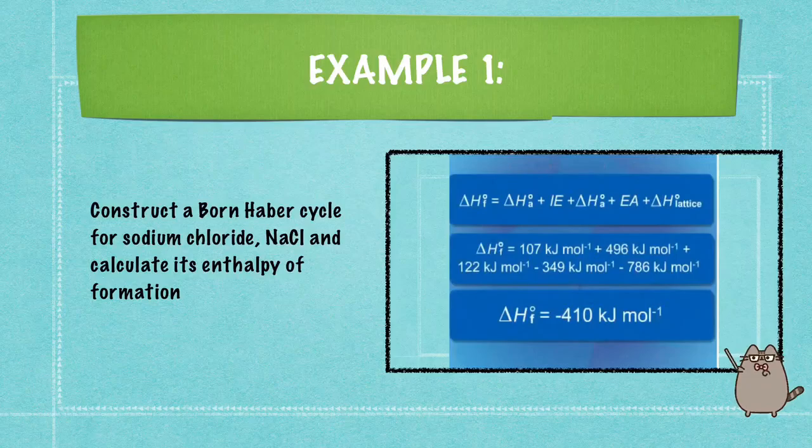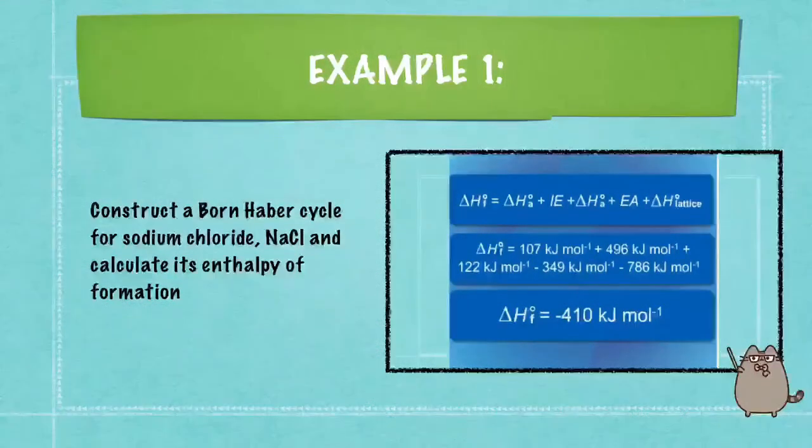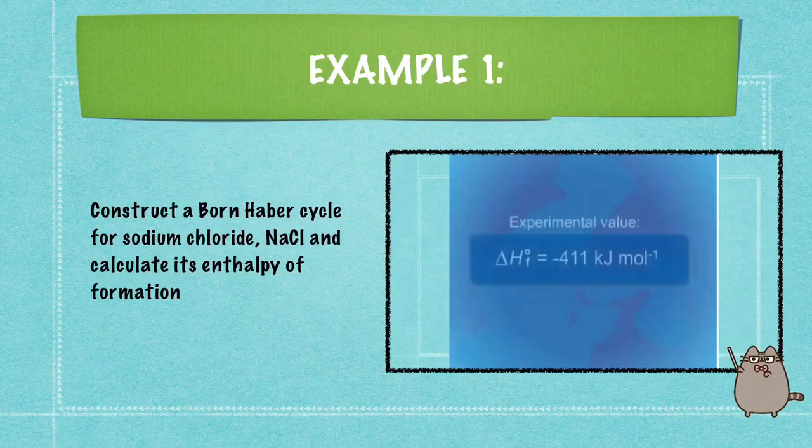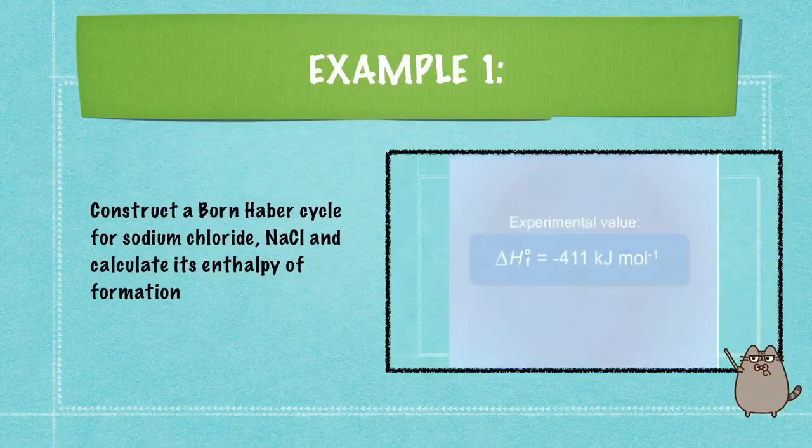We can see that the standard enthalpy of formation of sodium chloride is equal to the sum of all the energy released or absorbed at every step. Substituting the numerical values, we calculate that the standard enthalpy of formation for sodium chloride is minus 410 kilojoules per mole, quite close to the experimental value of minus 411 kilojoules per mole.